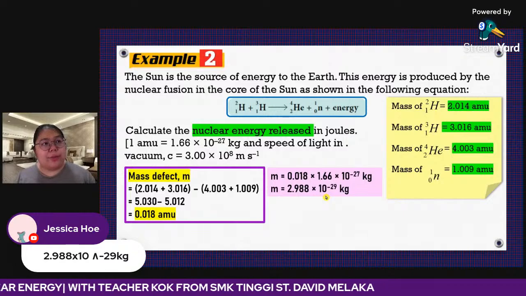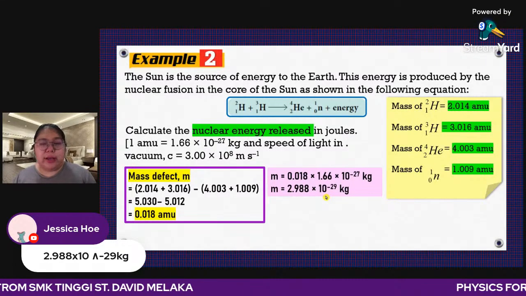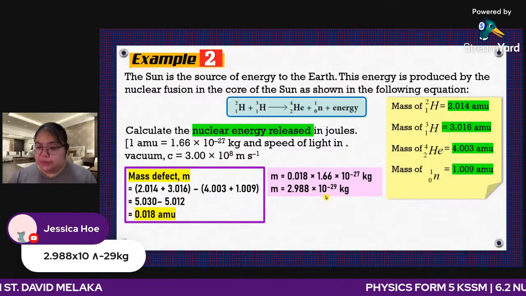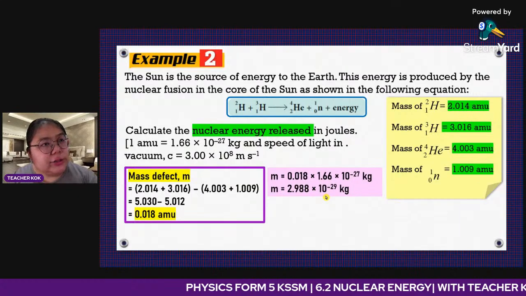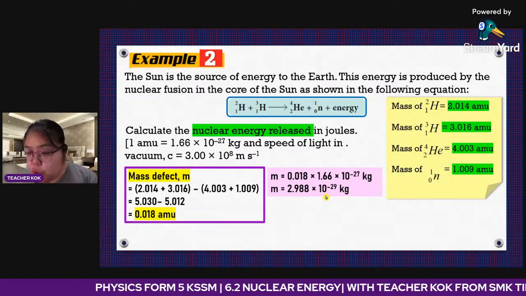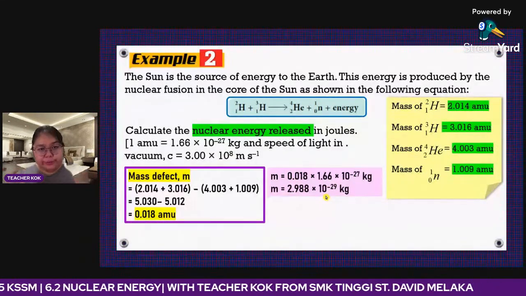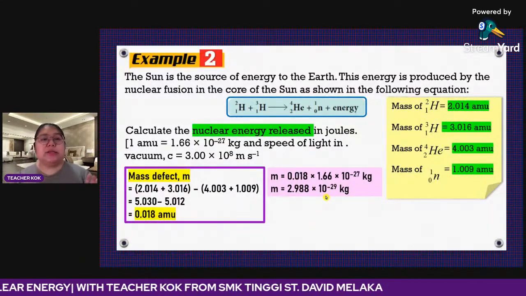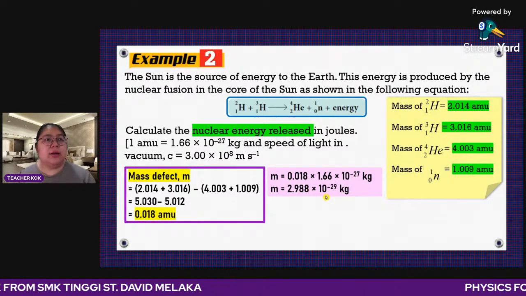The next step, you convert to energy, the nuclear energy. We're going to find the nuclear energy from the students. The unit is joule. Remember, when you multiply the speed of light, remember to open the bracket.